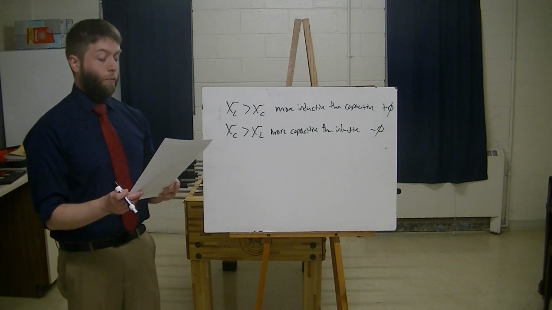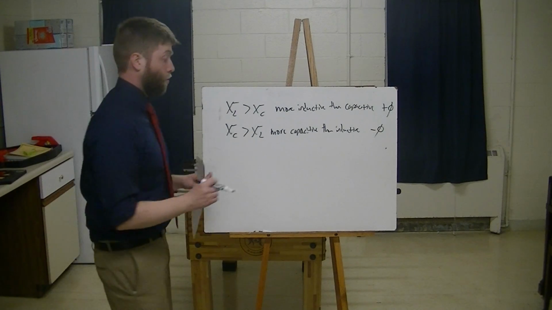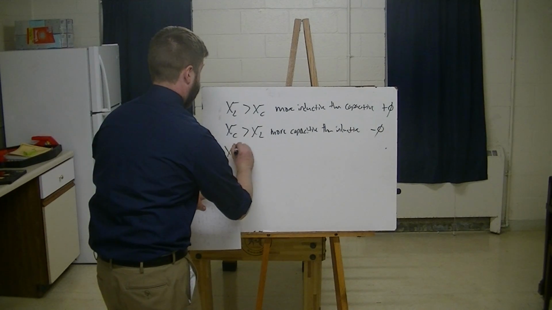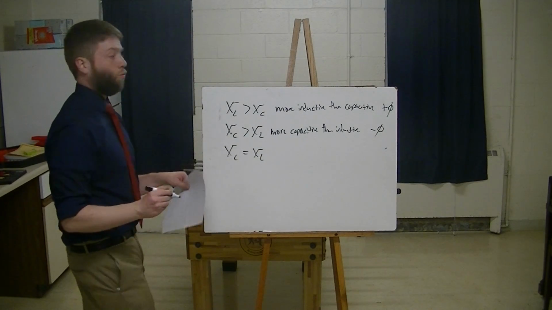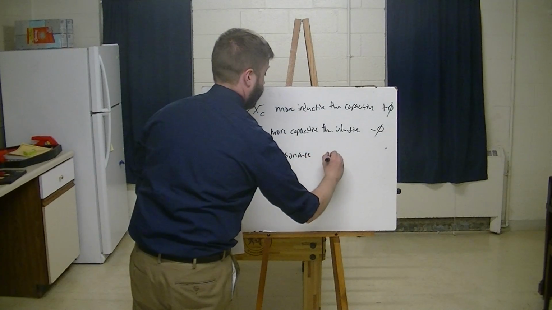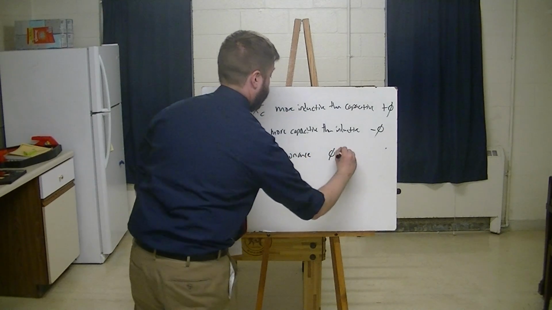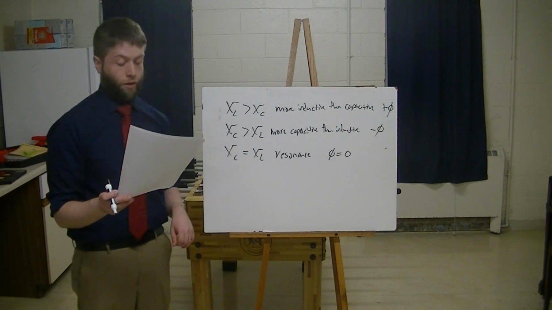Now, we have the special case. If chi C is equal to chi L, so if the two reactances are equal to each other, this is known as resonance. And this leads to phi equal to 0. So the phase constant is going to be equal to 0.